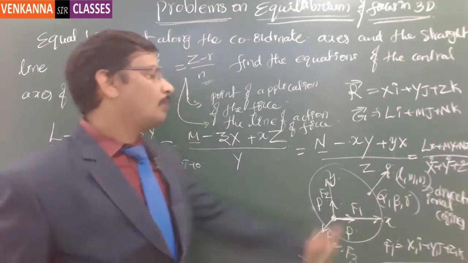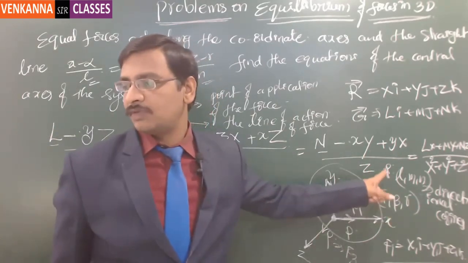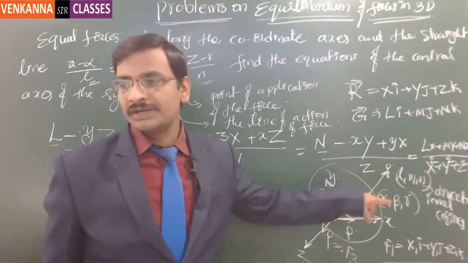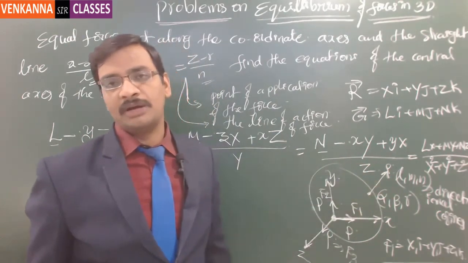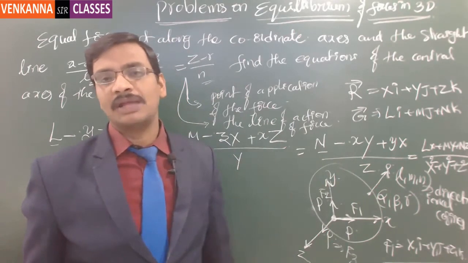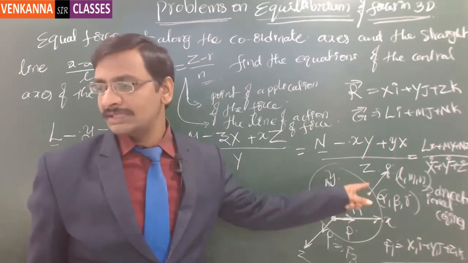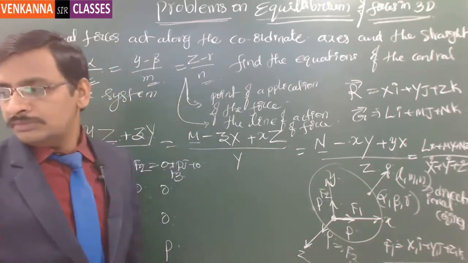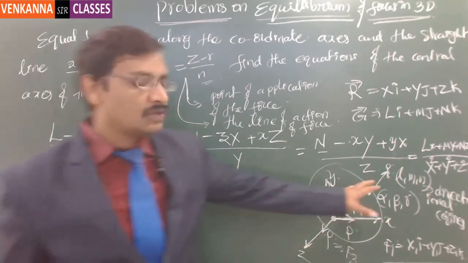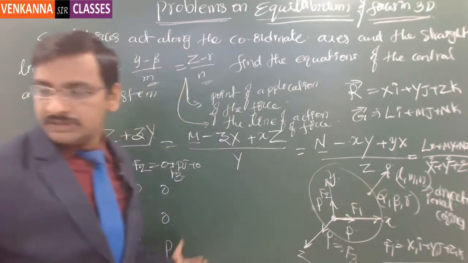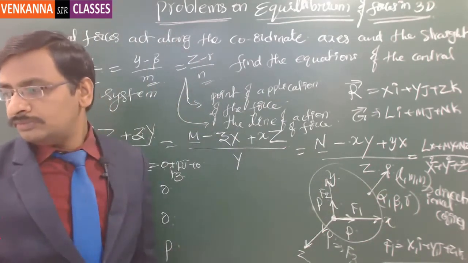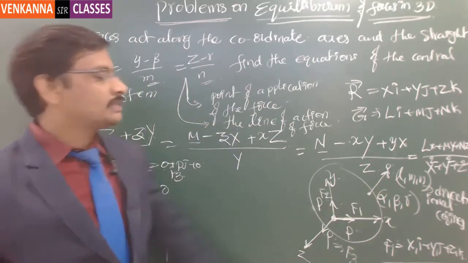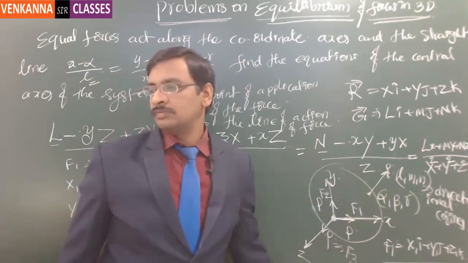Now what is the component along the x-axis for this particular force of P, whose location of application is alpha, beta, gamma and the direction coefficients are L, M, N? In such a scenario, what is the x component of the force? This is the only thing you are learning now. The rest of the things are anyway known.